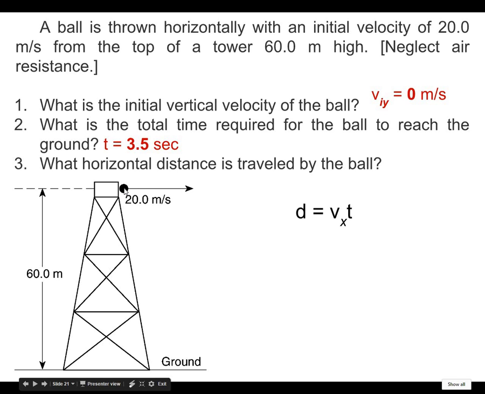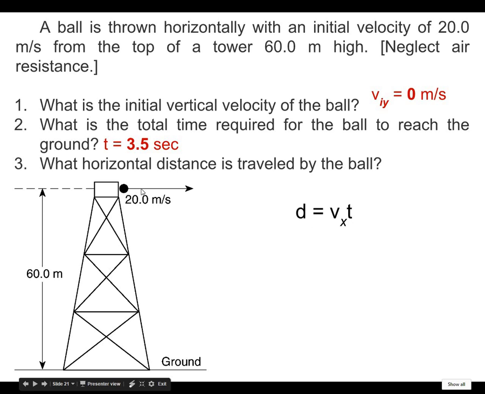An object in motion will remain in motion unless there is an unbalanced force acting on it, and once the ball is released, there is no force that would be slowing it down or speeding it up. So this horizontal component of the velocity will remain the same. It will be 20 meters per second at any point of the trajectory.